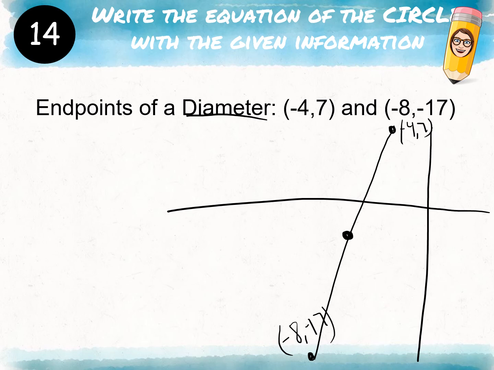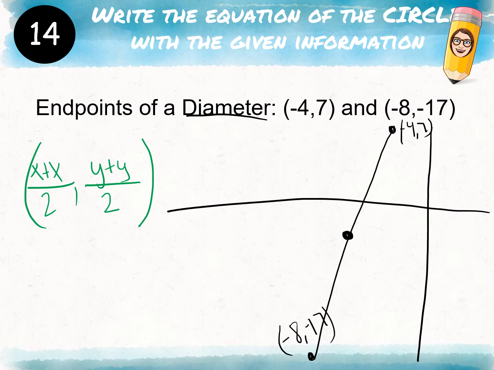We need to find the midpoint, the middle of those 2 points. Well, let's talk about midpoint. It's a point. If we're finding the middle between two values, we're finding the average of 2 x's and the average of 2 y's. Okay, so let's calculate that.